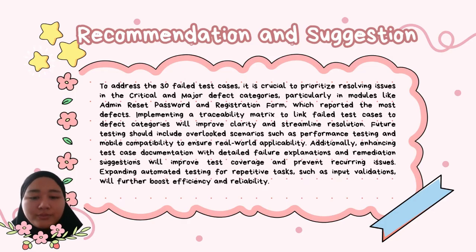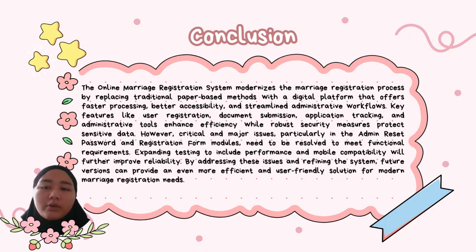Thank you. To sum up our project, the online marriage registration system modernized the marriage registration process by replacing the traditional paper-based method with a digital platform that offers faster processing, better accessibility, and streamlined administrative workflow. Key features like user registration, document submission, application tracking, and administrative tools enhance efficiency, while robust security measures protect sensitive data.